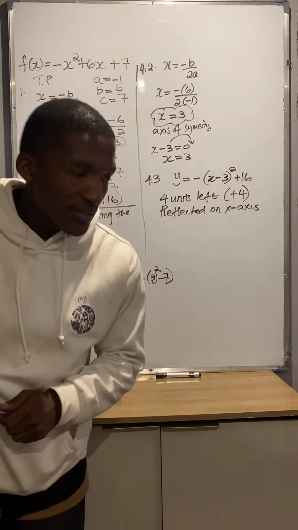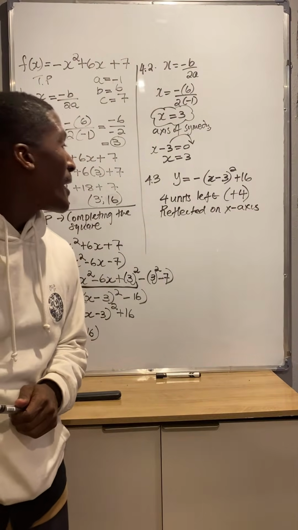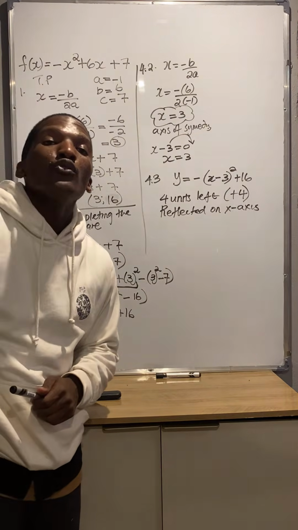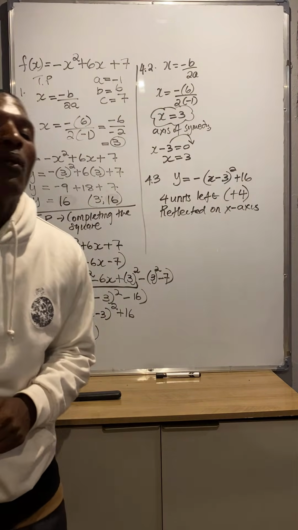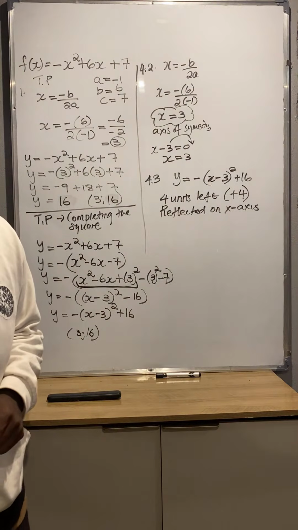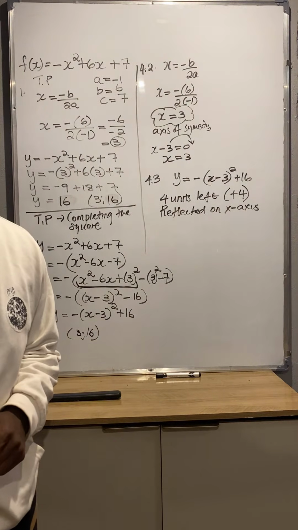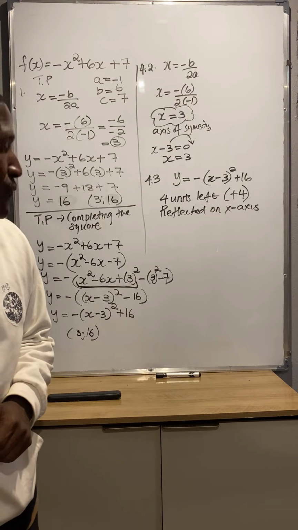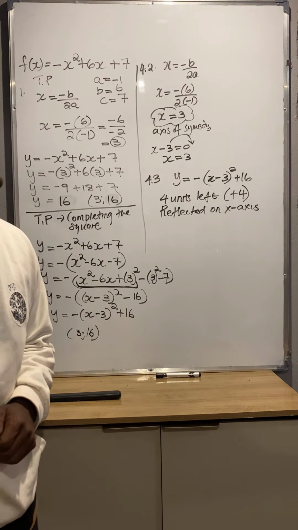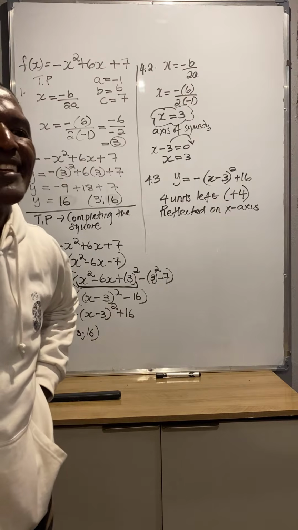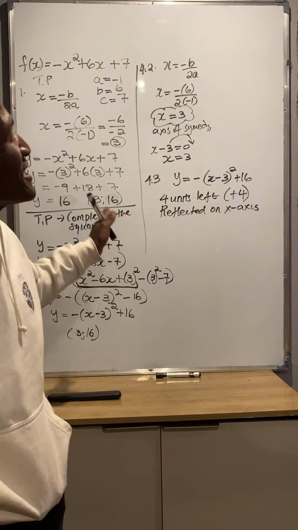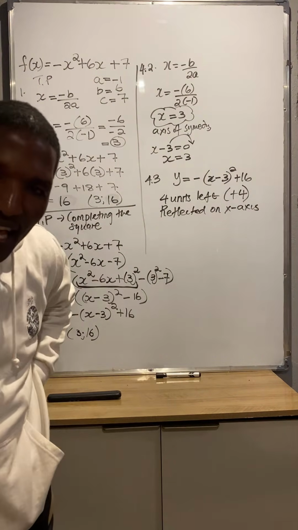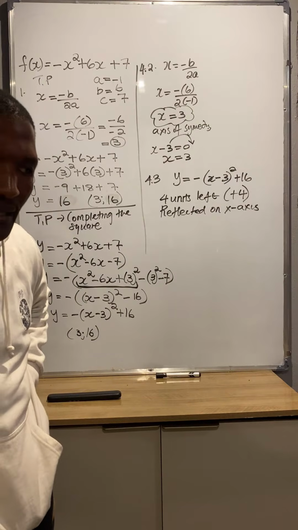I repeat: if they say the graph is shifted 4 units to the left, only x you add 4 to. And if they say your graph is reflected in the x-axis, you multiply everything by negative 1. Sharp.